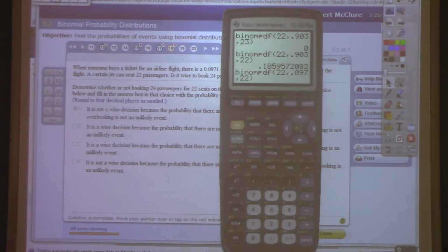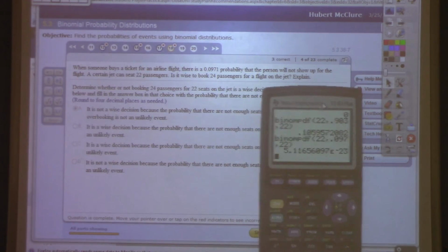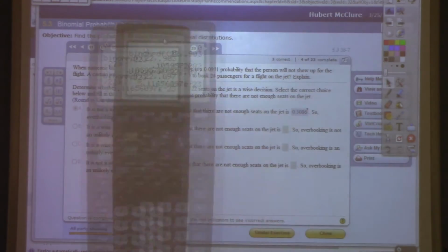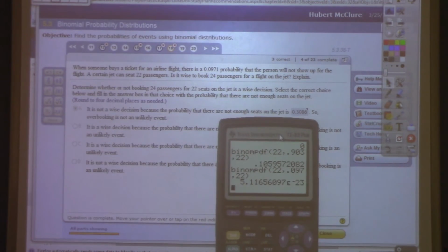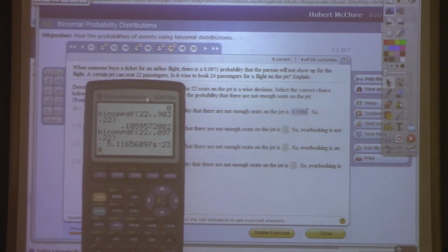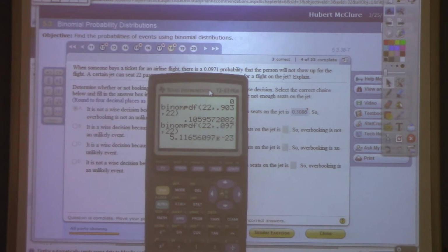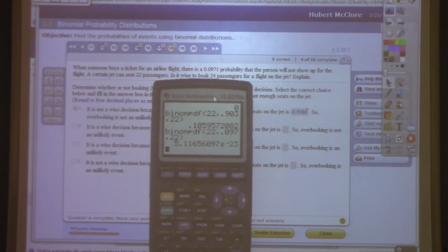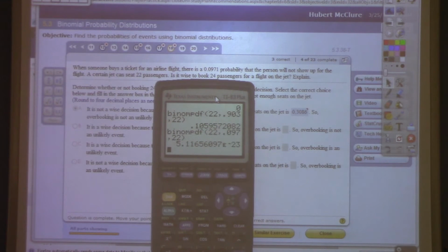That is way wrong. So we're putting in the right probability, and that's 0.90. But I'm not coming up with 0.3086 like they are. And you're supposed to put in 22, then the probability of 22. I thought it would be 23 and 24, but that's not right.